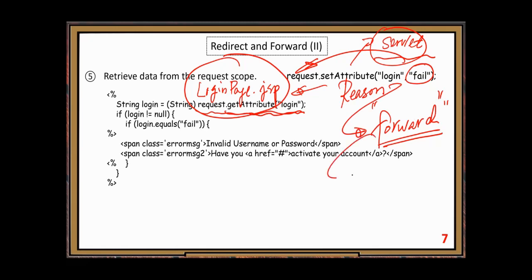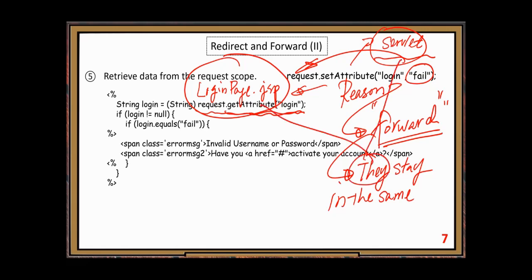When we use the forward method, these two resources, the JSP and the servlet, stay in the same request scope.